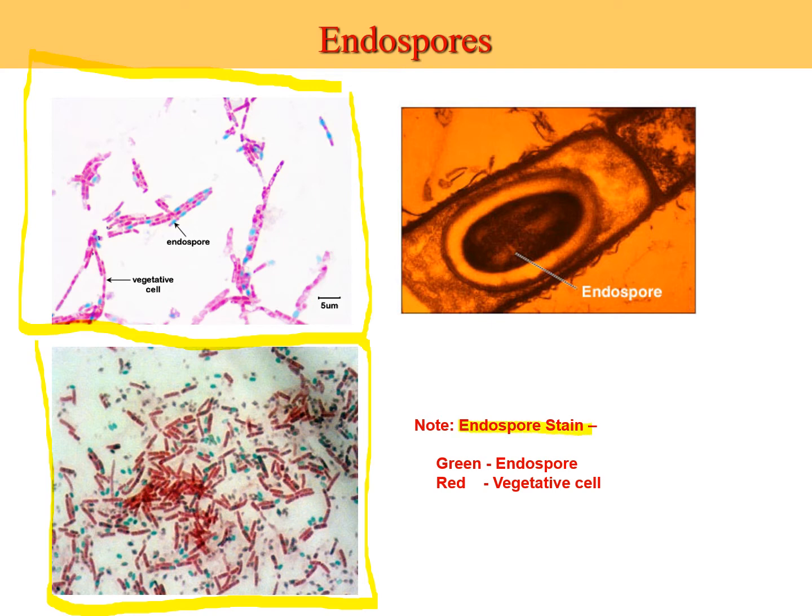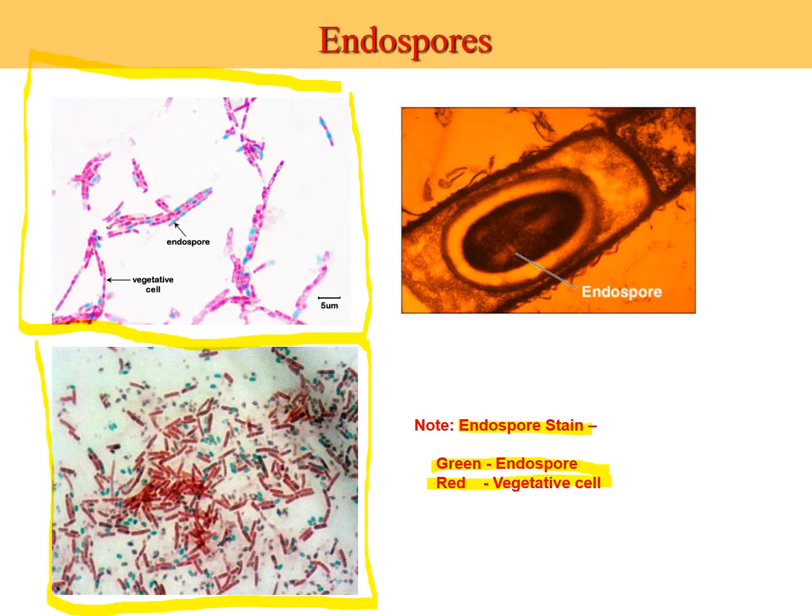In this endospore stain, the green stained object is the endospore inside, in this case, many of these bacteria, and the red or pink part is the vegetative cell around it.